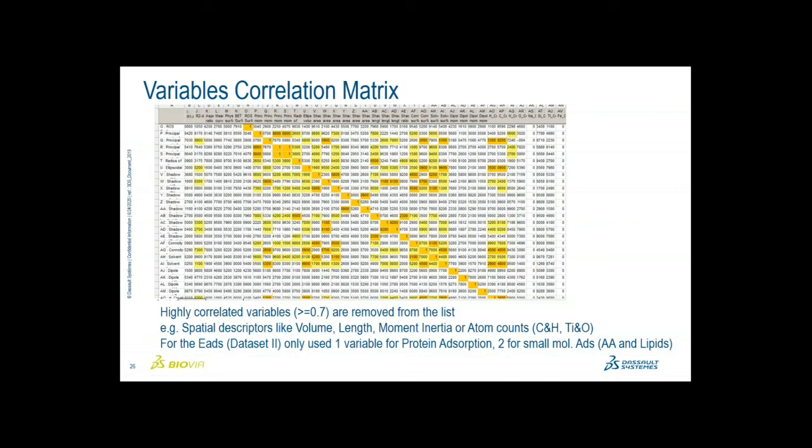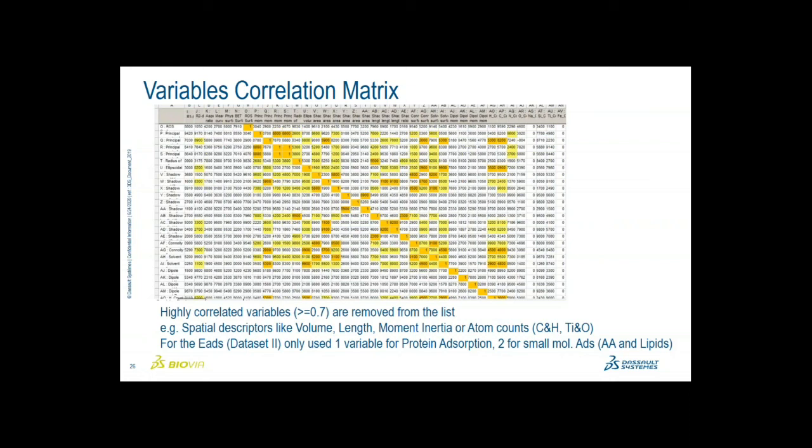So if you think the surface area and the volume will be correlated, if you think the number of titanium and oxygen atoms as descriptors each will be correlated, because we use TiO2 mostly. So those are pretty obvious. Sometimes the correlation between them is a bit less obvious, but we try to remove as many as we had to. And for the Eads dataset, there wasn't so much correlation with the rest, but between them, yes.